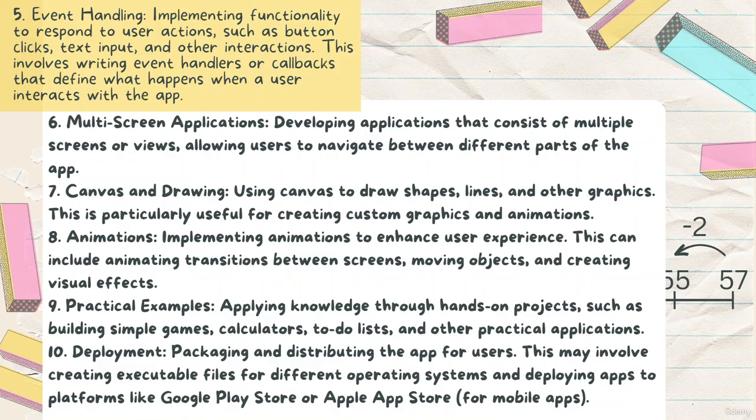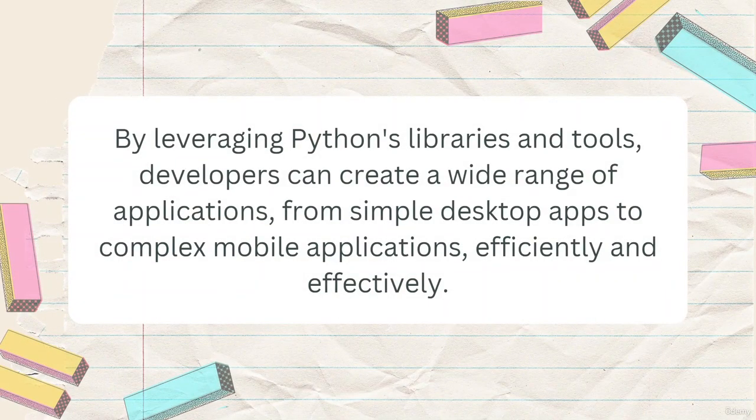This may involve creating executable files for different operating systems and deploying apps to platforms like Google Play Store or Apple App Store for mobile apps. By leveraging Python's libraries and tools, developers can create a wide range of applications from simple desktop apps to complex mobile applications efficiently and effectively.